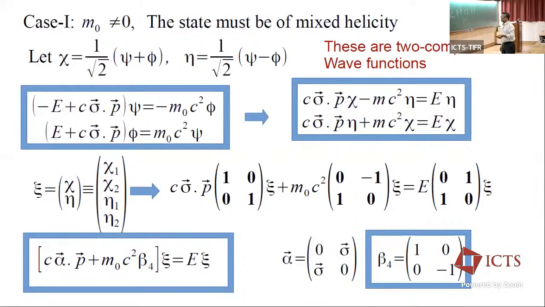Okay. So this beta 4 is the analog of the z component of the spin in the relativistic case. So you have 4 components. Okay. So beta 4 looks like sigma z. Sigma z, you know, is the 2x2 matrix 1, 0, 0, minus 1. But here this 1 is replaced by a 2x2 unit block.